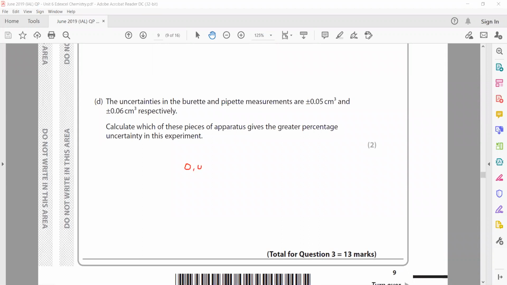So for the burette, 0.05 multiplied by 2 divided by the mean titer, times 100. And for the pipette, 0.06 divided by 10, because using a pipette you are taking 10 cm³, times 100. So you will calculate and compare which one is giving a greater percentage uncertainty.